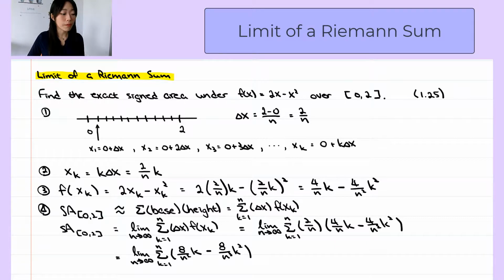Now we can use the summation rules to pull out the constant and also expand the first and the second term. So this equals the limit as n approaches infinity of 8 over n squared times the sum of k starting from 1 to n, minus 8 over n cubed times the sum of k squared starting from 1 to n.